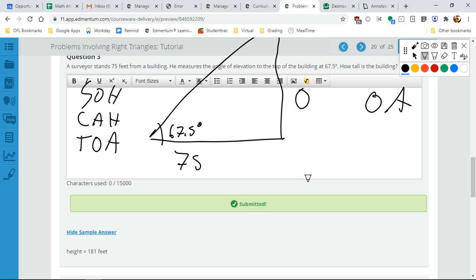Which one has opposite over adjacent? No. This one has opposite over hypotenuse, and this has adjacent over hypotenuse. It has to be tangent, yes.